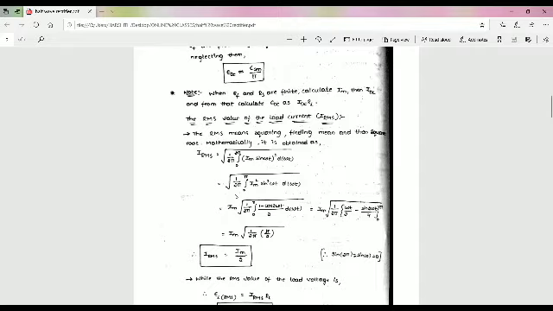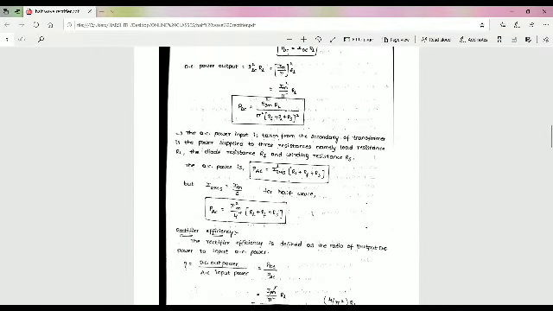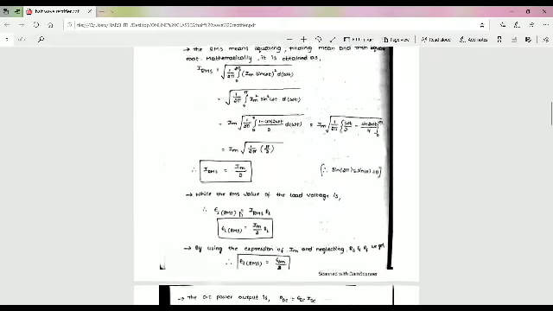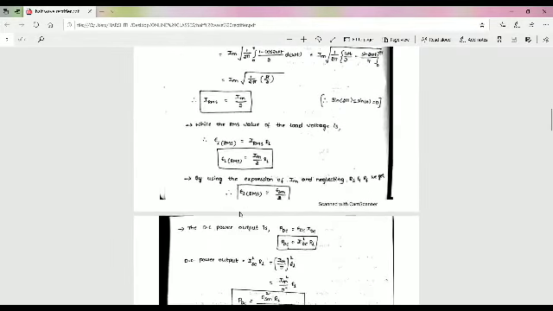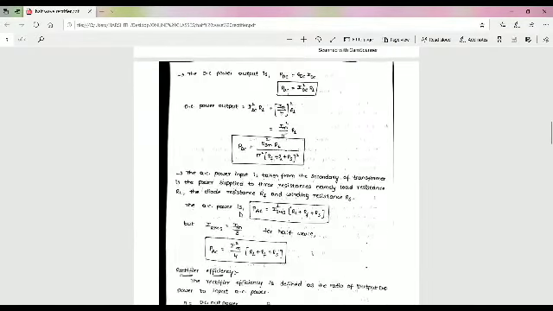Next one, DC power output, indicated as PDC.